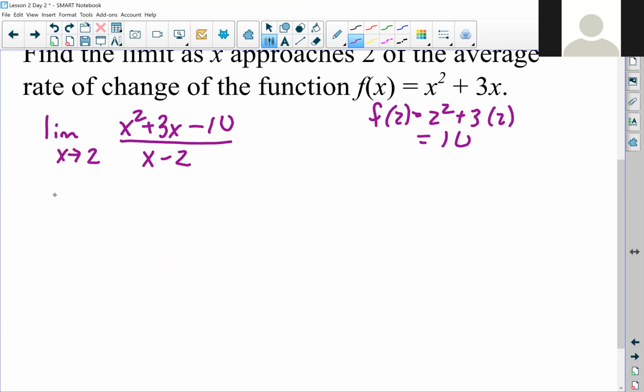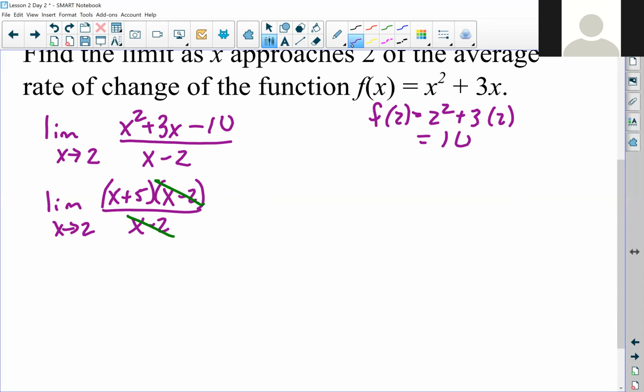Again, first thing I would do, factor. X minus 2 is already factored, so the denominator is good to go. The numerator, two numbers that multiply to negative 10 and add to positive 3: positive 5 and negative 2. So again, we get a factor that cancels.